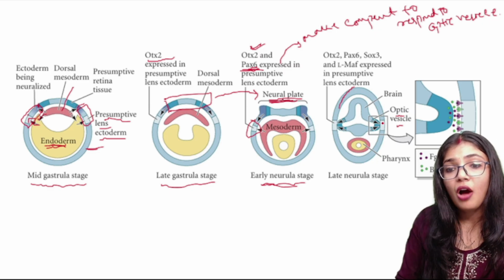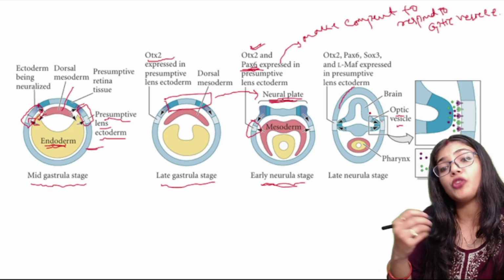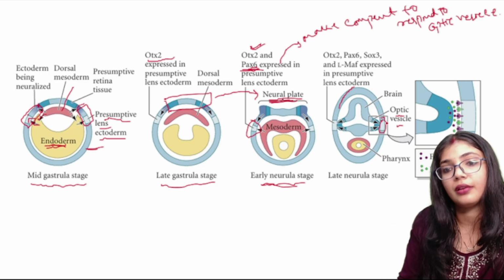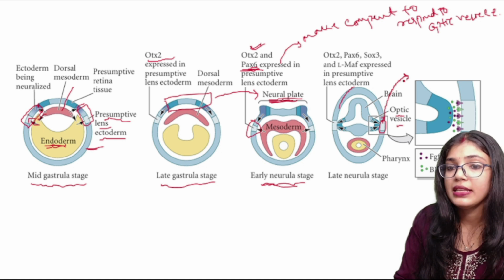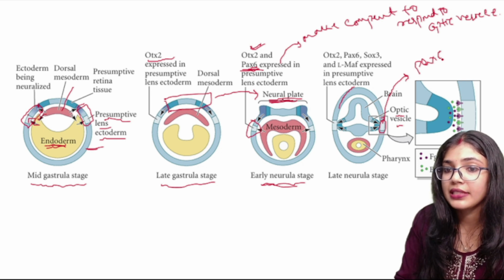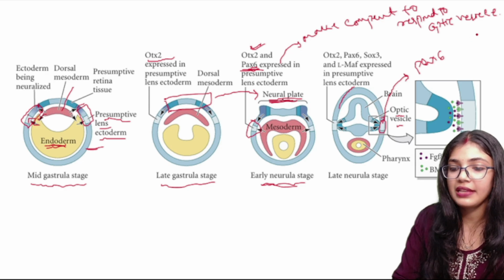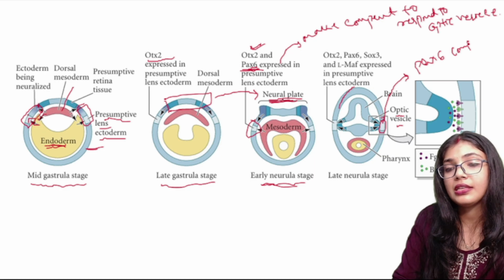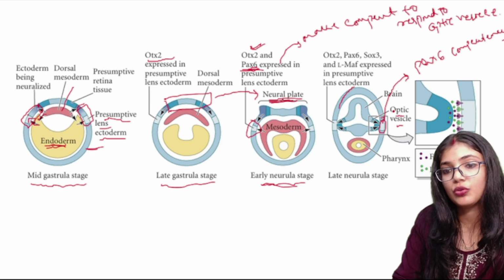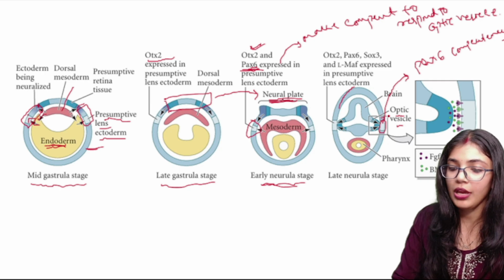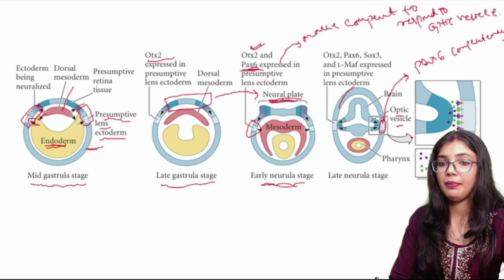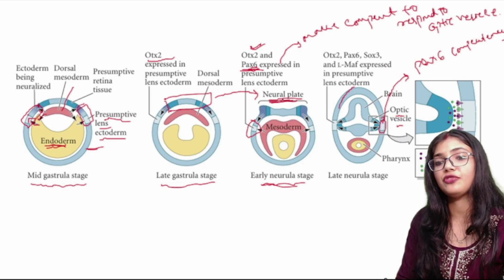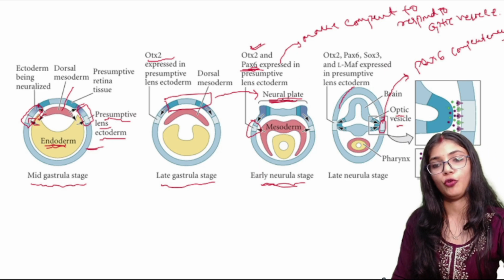If the optic vesicle is giving some signal, how does this cell respond to it? It is responding because this cell has PAX6. This PAX6 is giving the competency to this part. The optic vesicle will release some factors like FGF8 and BMP4.